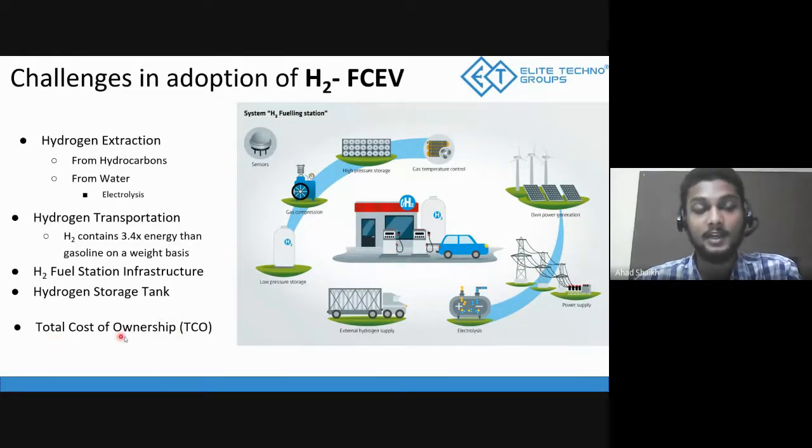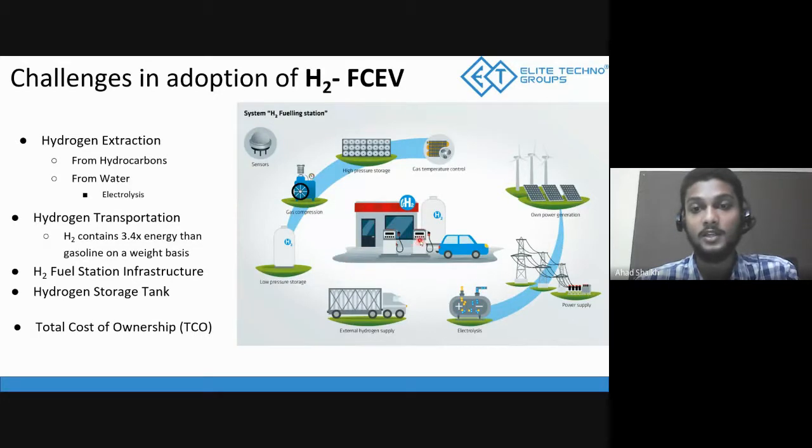And lastly, there comes the total cost of ownership. Whenever there is an end product that a consumer uses, we calculate its total cost of ownership. How it is affected: we see the generation of renewable energy, then performing electrolysis and getting the hydrogen, storing it and supplying it, and completely maintaining the pressures and storage temperature.